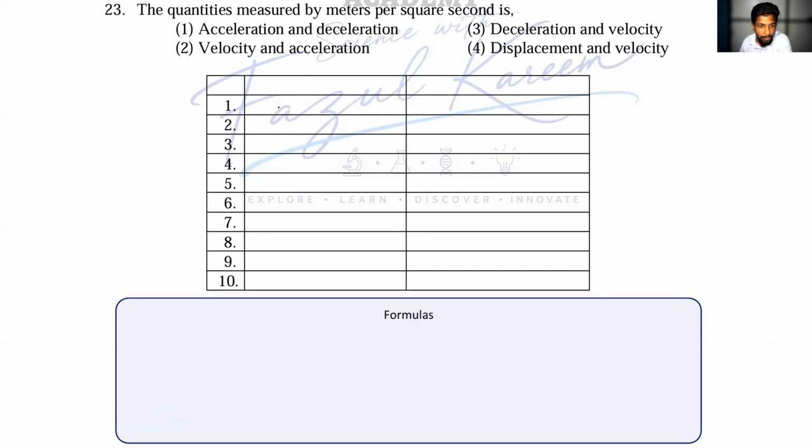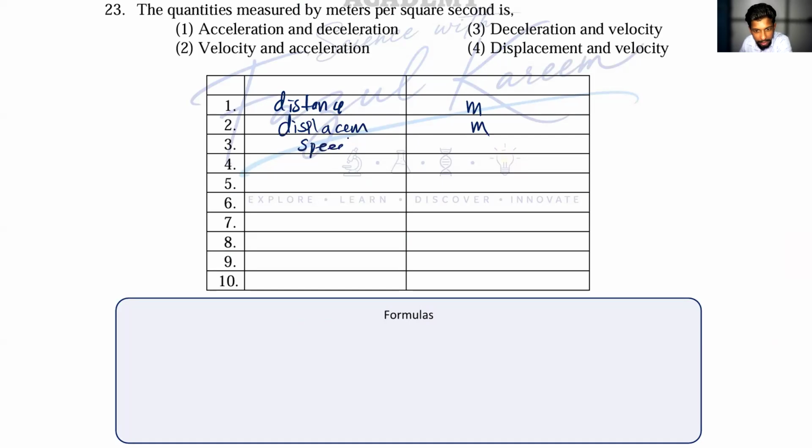Okay, we'll start from the speed. The unit will be meter per second. Sorry, we'll start with the distance. Distance is measured in meter. It will be needed, definitely it will be coming in your exam. Displacement, that is also meter.